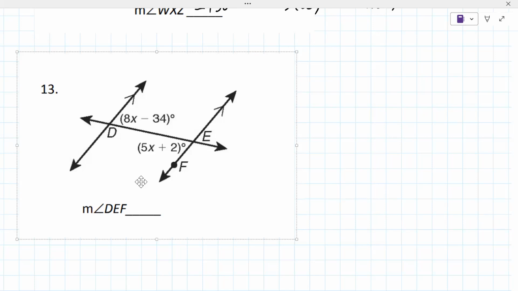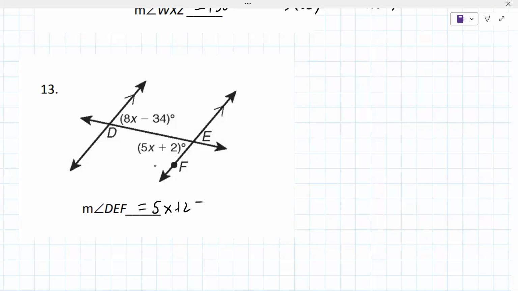All right, so I got my first part with x equals 12, but then for the part where you plug in, how does that work when you have two x's? Do you plug it in for both x's and then you solve again? Well, which one is DEF? Is DEF the 8x minus 34 or 5x plus 2? DEF is 5x plus 2.